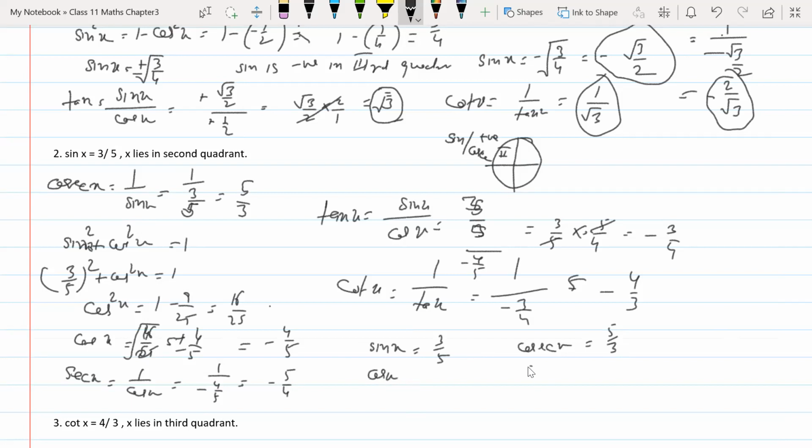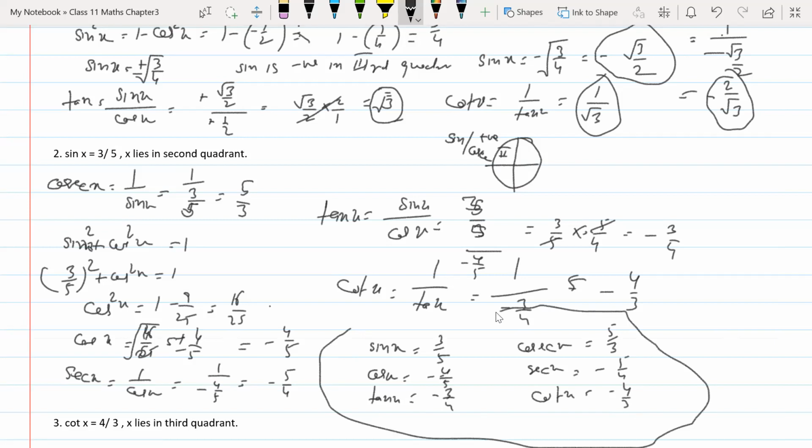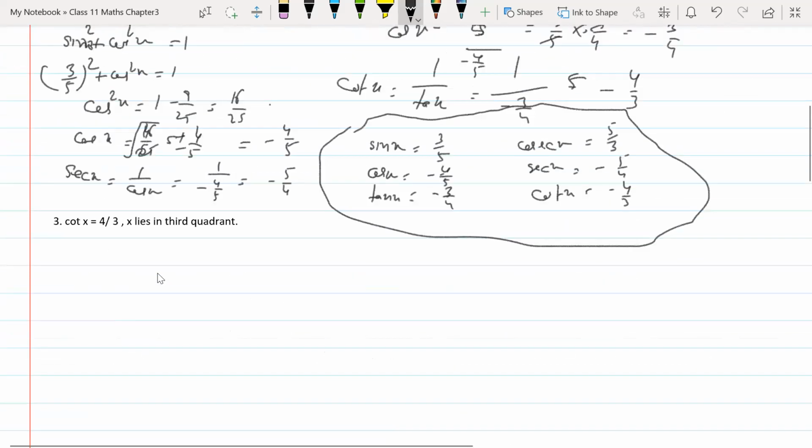Cos x is minus 4 by 5, secant x would be minus 5 by 4. Tangent x is minus 3 by 4, and cotangent x is minus 4 by 3. That's all about question number 2.